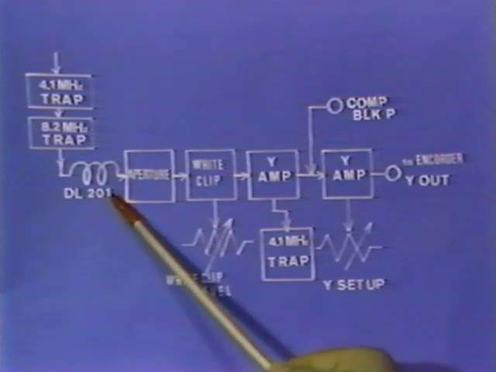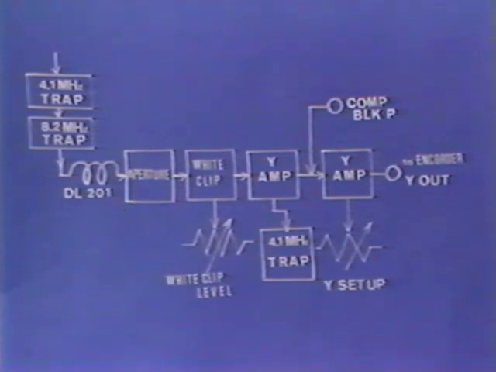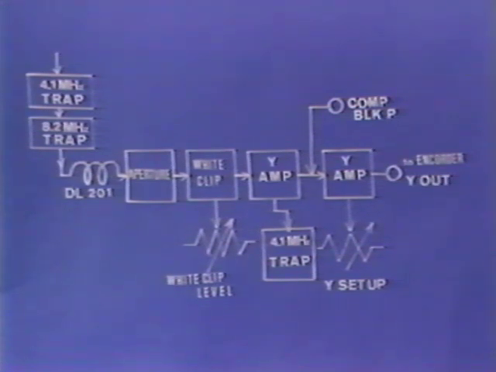Also, it delays the luminance signal by the delay line to correct the time difference of the color and the luminance signal in the whole system from the preamplifier through the NTSC output end.